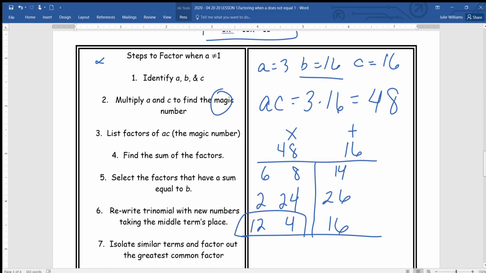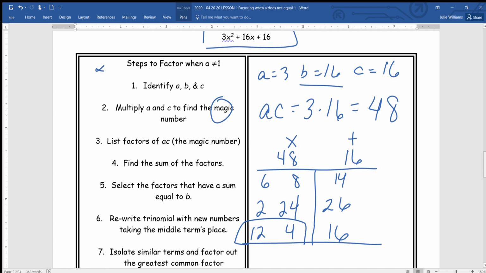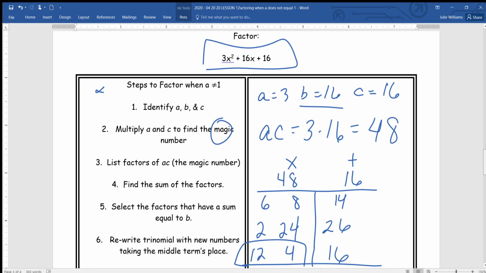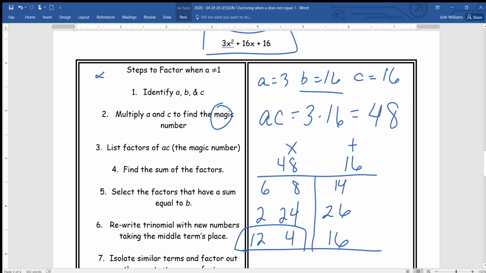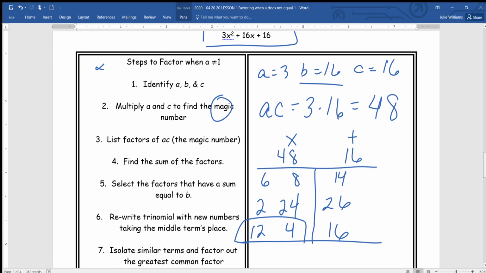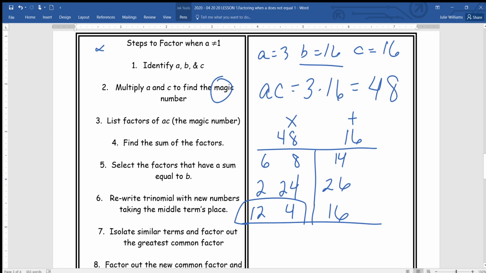So let's go back and look at what the original trinomial was. Actually, I can tell by just looking at the A, B, and the C. Okay, so 3x squared. Again, just rewriting what it was originally. Now I'm going to break the B. The B was 16 for 16x.